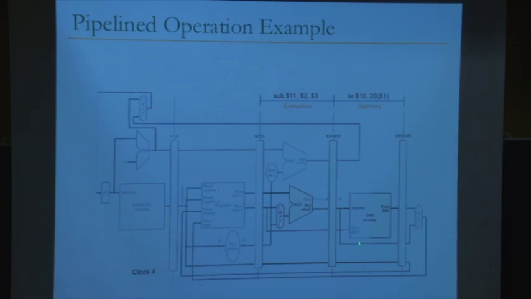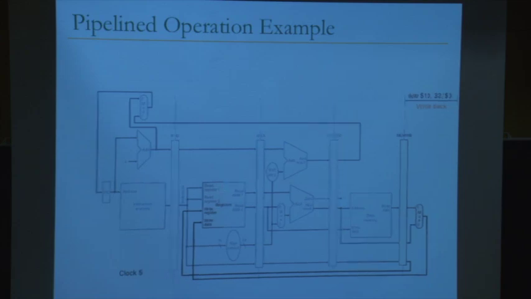Register 10 is still not produced here. The load is accessing memory, so the subtract needs to somehow wait here. Register 10 is available here, right? The load actually read the data from memory, and it's going to write to the register file. Only at this point can the subtract get that value. Well, we're going to fix that problem.